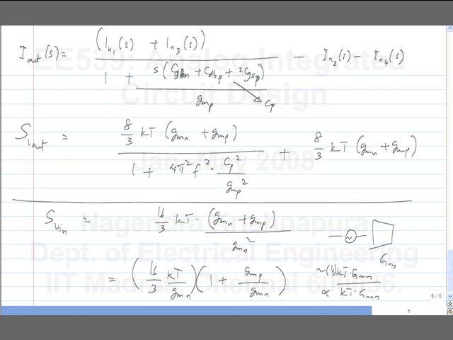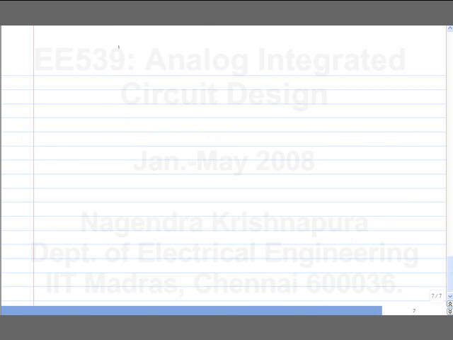When I have a conductance G, I have a series voltage, okay, whose spectral density is 4 kT by G, isn't it?